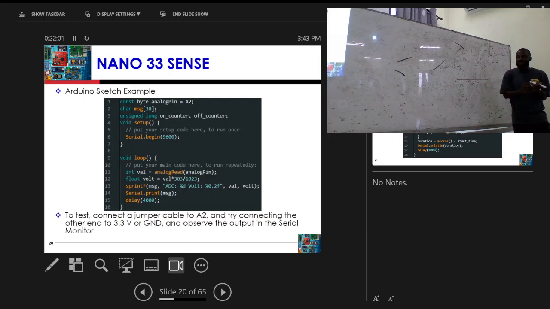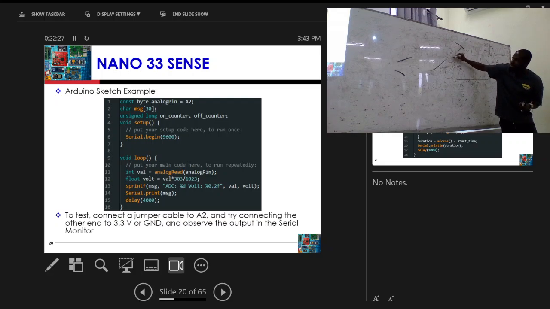Now, after I've sampled, if it picks a value, it will be an analog value. Probably it will be something like 3.1. Then this 3.1 will be converted to a digital value, which might be probably 1021.